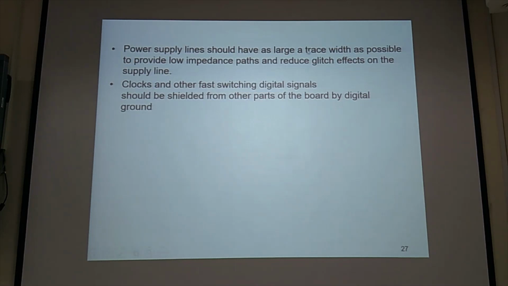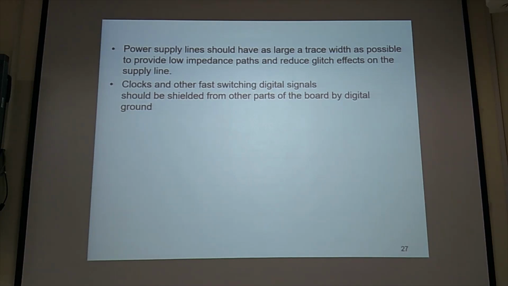Then the trace, your wire, the trace width should be large to reduce the impedance. See, the R value equals rho L divided by A. A is cross-sectional area. So A should be large, but the thickness is fixed. So you need to increase your width.